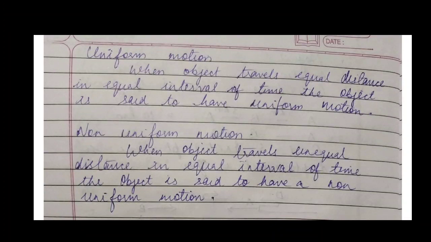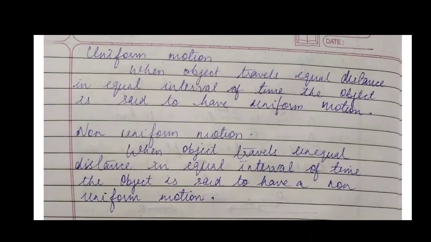It had again traveled 10 kilometers in 15 minutes. So you can see the distance is same but the time is different. The time taken by the train to reach the specific positions O, A, B is different. So we can say that the train has moved in a non-uniform motion.